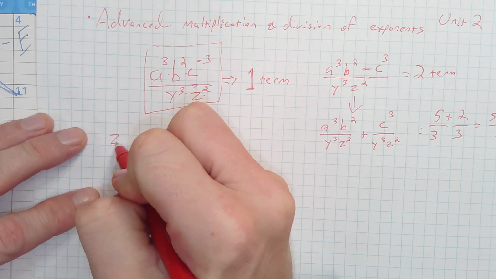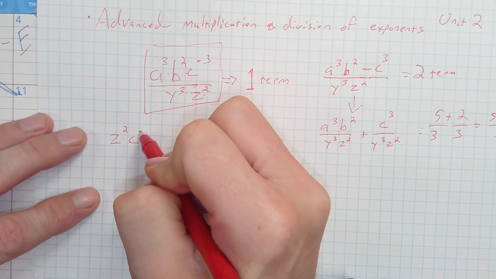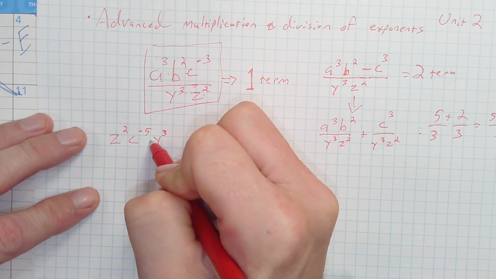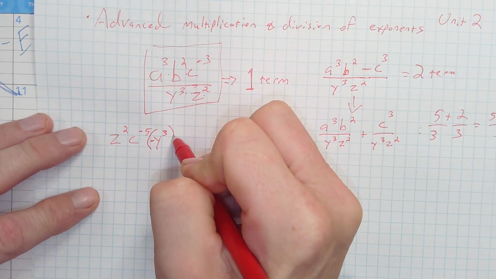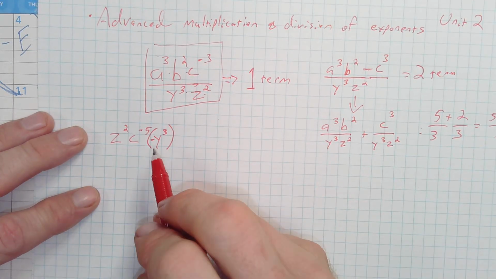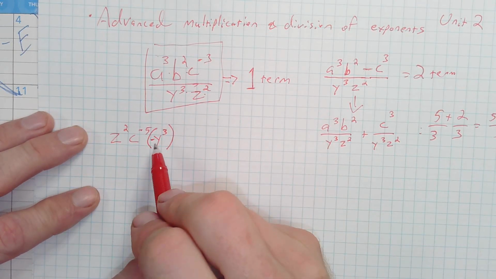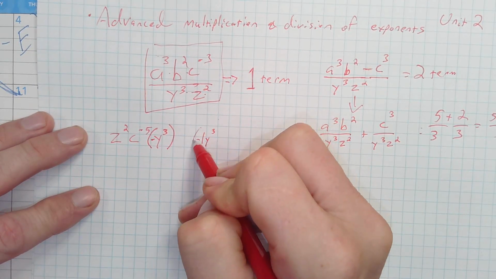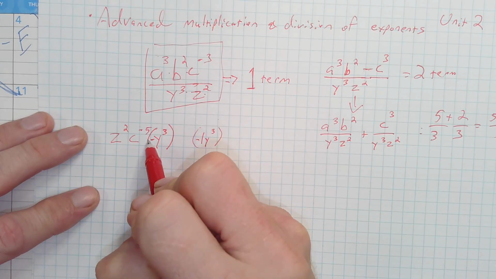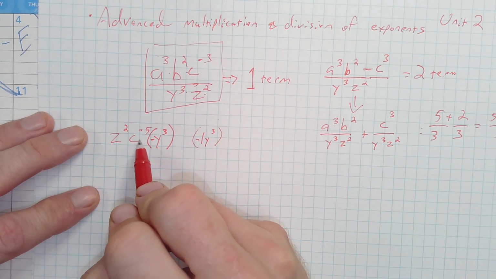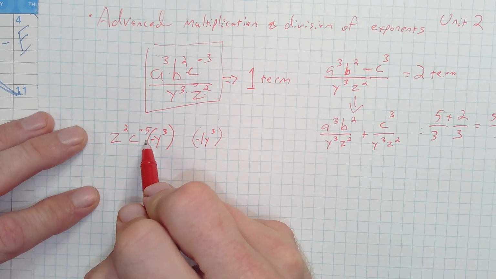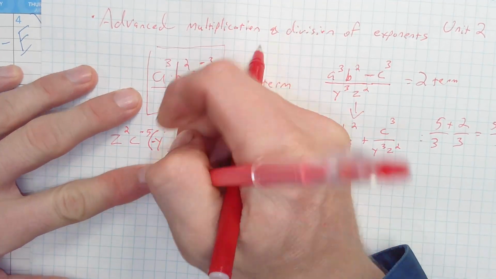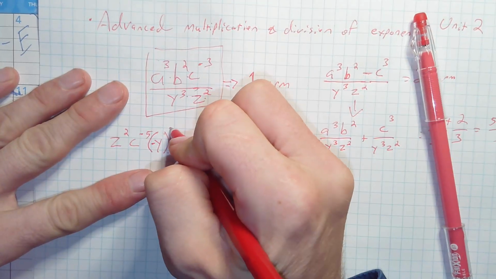Let's say I have z squared, c to the minus 5, and y to the third, and I have a minus sign right here, but it's inside parentheses. This parentheses indicates that this is a -1 times the y cubed, right? And this is not subtracting it from the c to the -5. This is saying this is negative y. It would actually be written as negative y cubed.